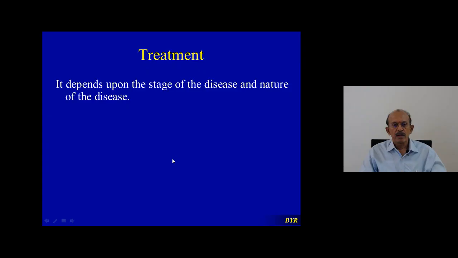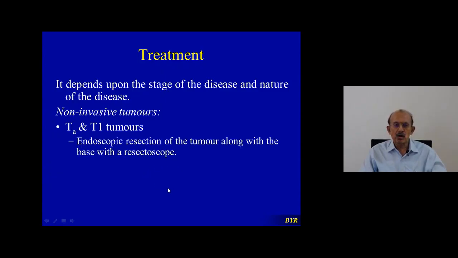Treatment depends on the stage of the disease and nature of the disease. Non-invasive tumors, that means tumors which have not infiltrated the muscle wall, that is Ta and T1 tumors: you can do endoscopic resection of the tumor along with the base with a resectoscope.